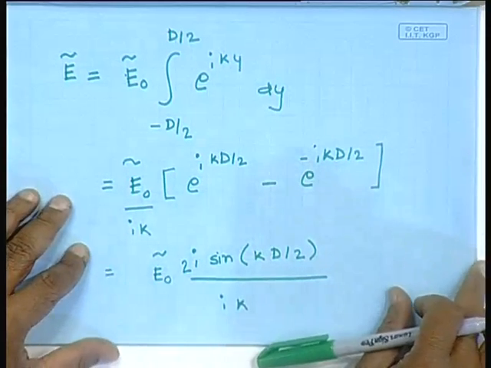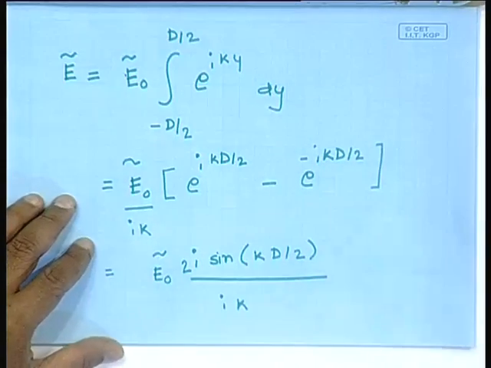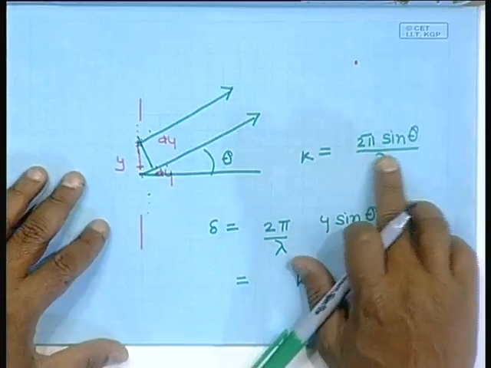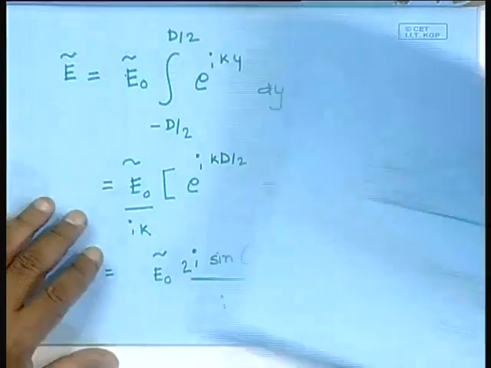Let me write this, putting in the value of k. So, remember that k is 2 pi sin theta by lambda.